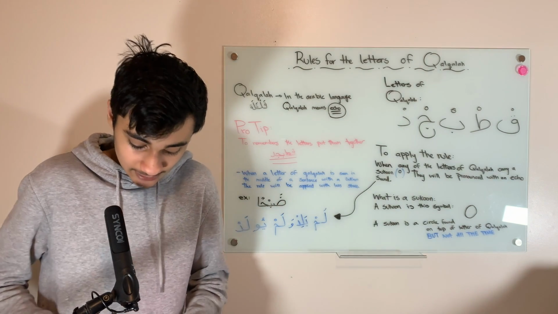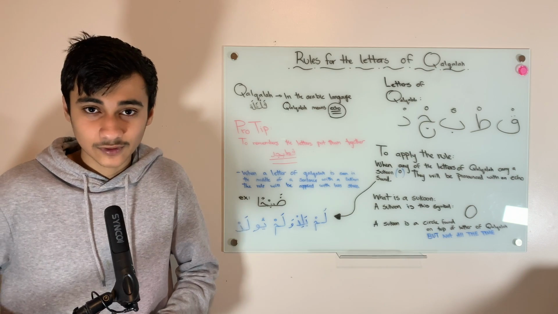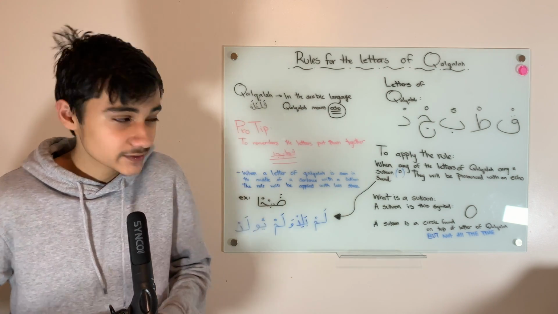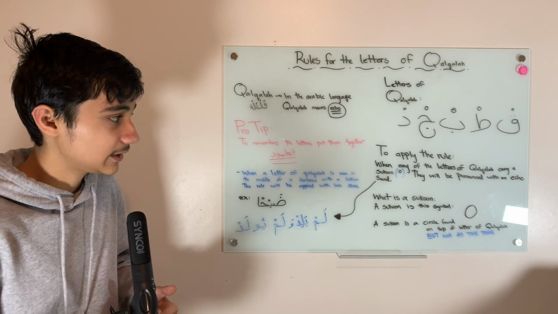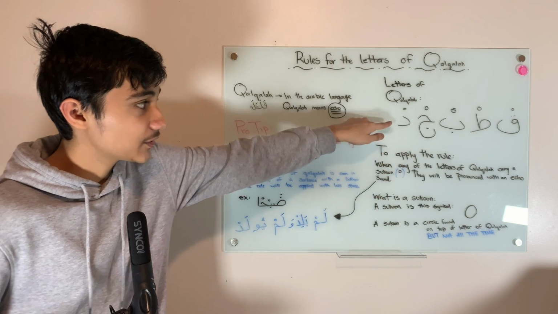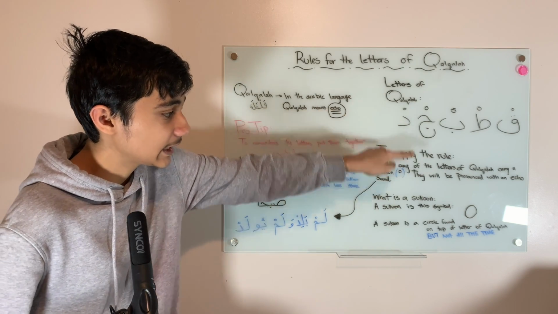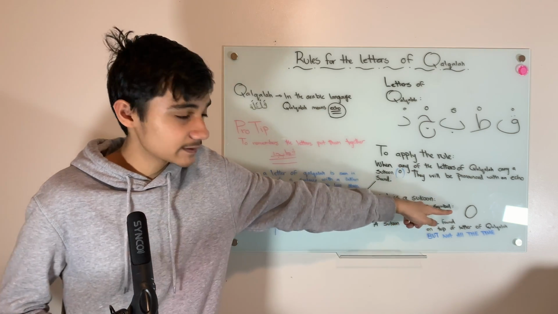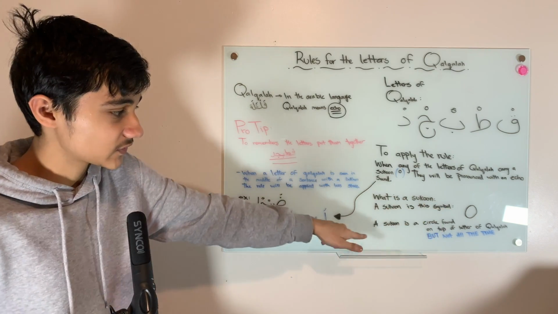So, now that we've learned the letters of Qalqalah, let's learn how to apply it in the Quran. When we are reciting the Quran, in order to apply the rule of Qalqalah, the letter of Qalqalah has to be carrying a sukoon. A sukoon is a symbol like this one right here, which is just a circle.